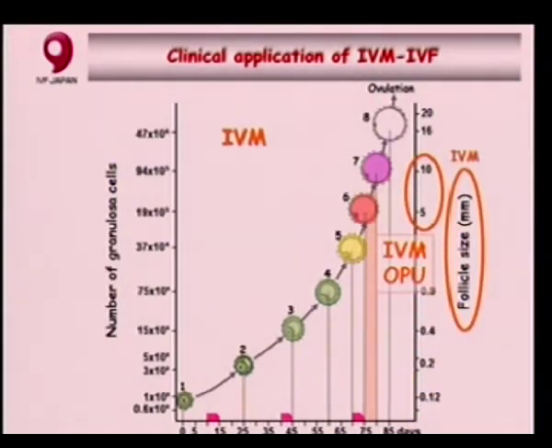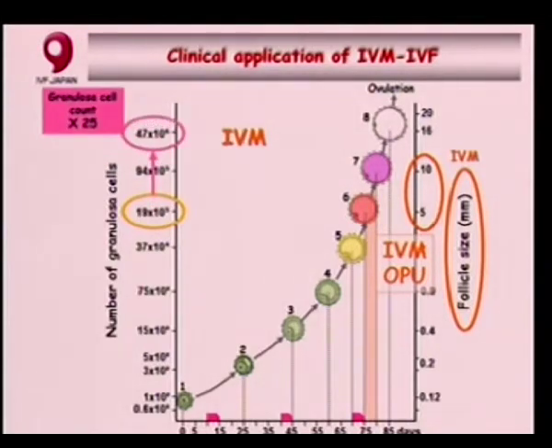We usually retrieve at about 6, 7, 8 millimeters. But at the same time, if we focus on the number of granulosa cells, that is a much smaller amount. So we also have to think about luteal support for IVM, not only endometrial thickness but also luteal support.